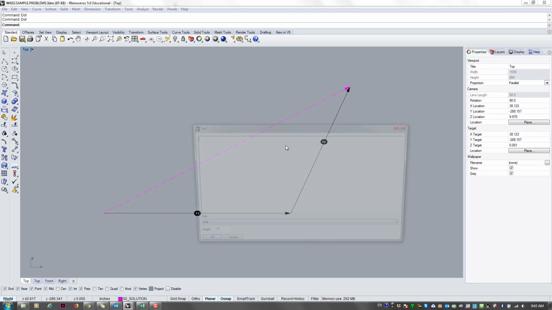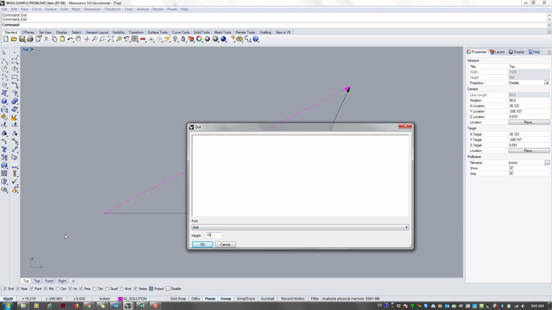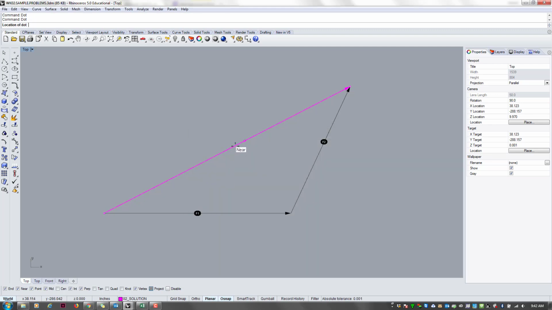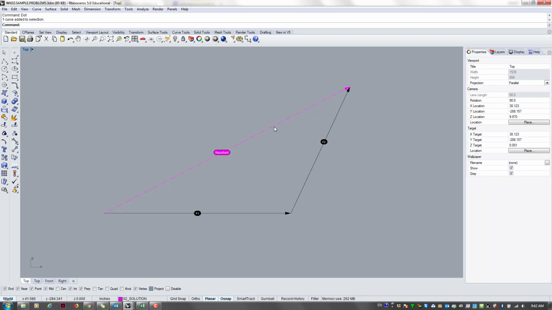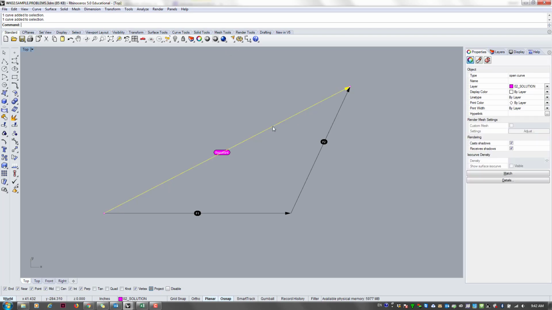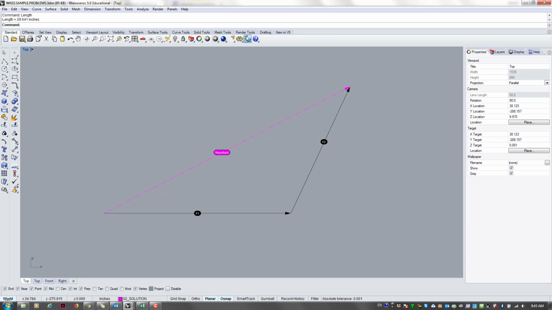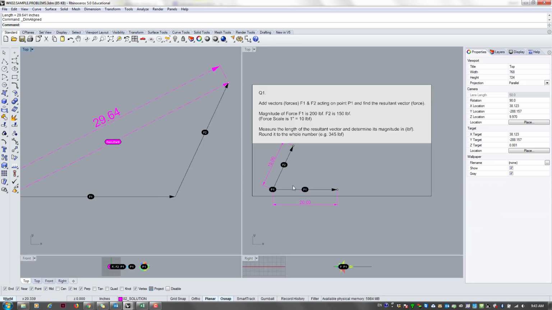I would type in dot, and I'm just going to call it resultant. So this is your resultant vector, and we want to get its length. You can either type in length and get the length here, or you could use the linear dimension if you want to. 29.64 inches.